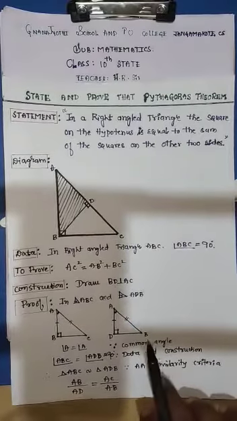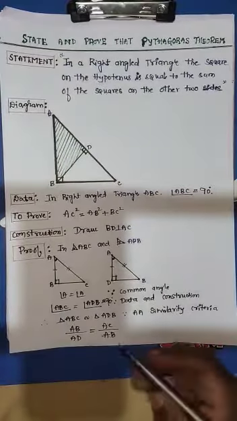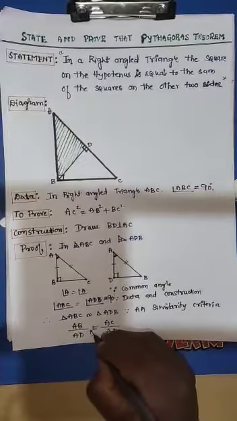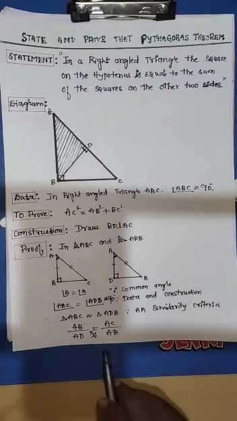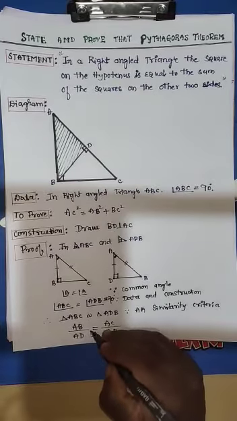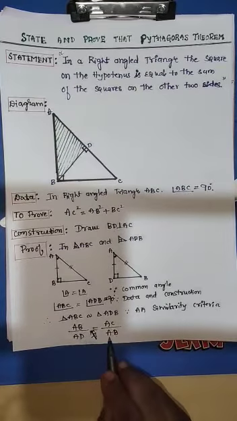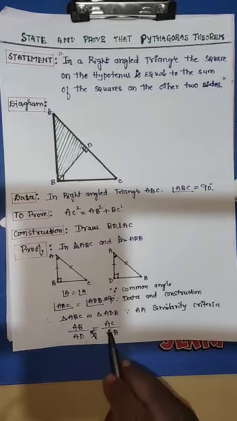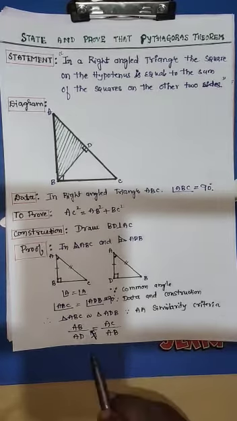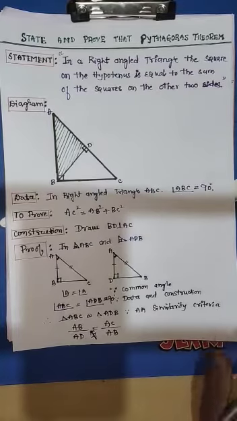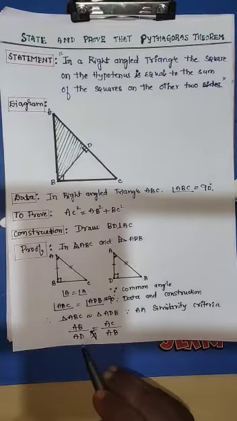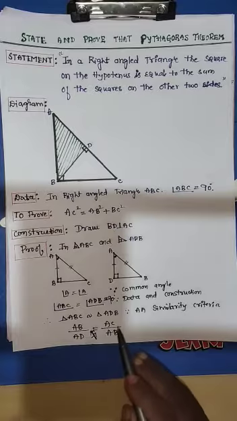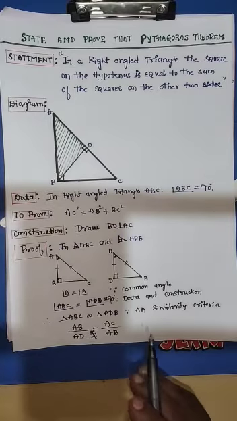By doing cross multiplication, AB into AB is AB square, and AD into AC is AC into AD. Okay, children?